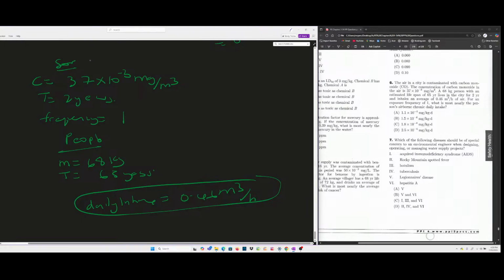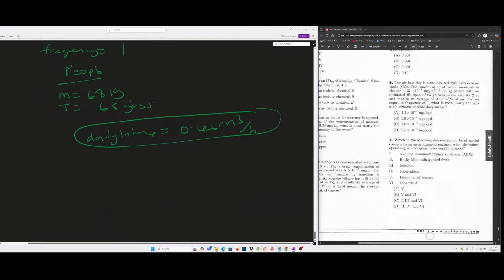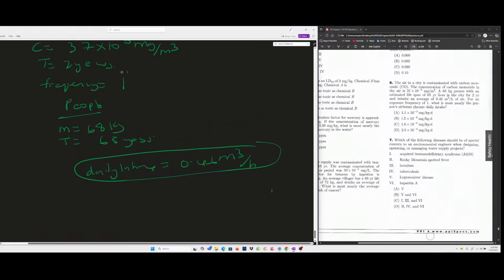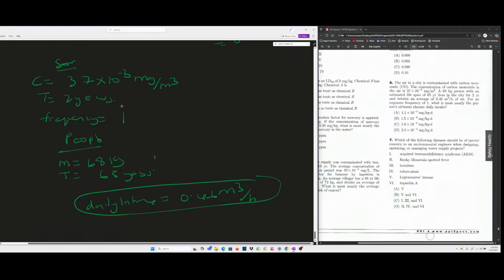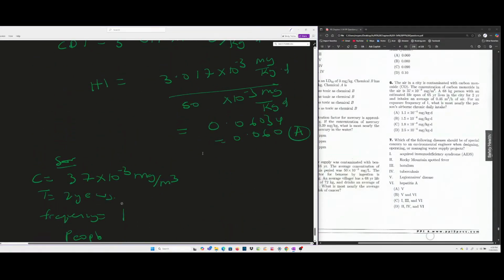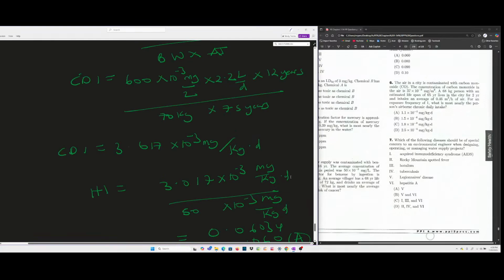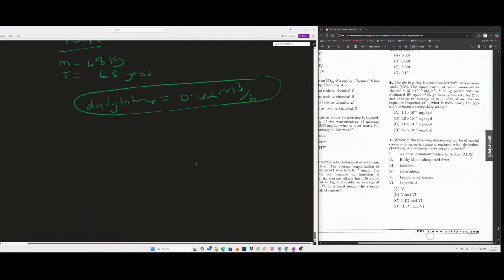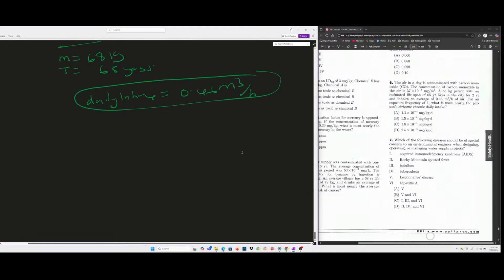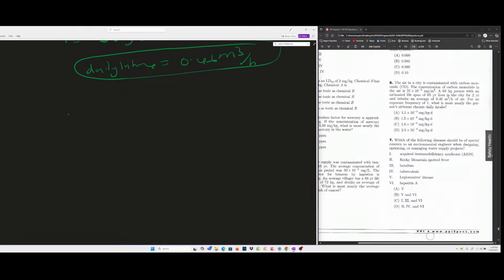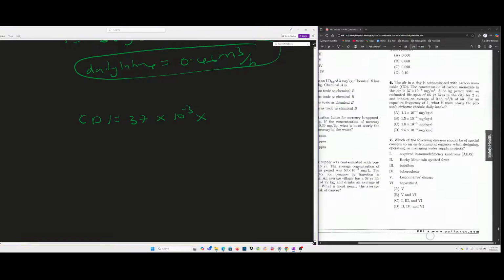So we're looking for the CDI, but pay attention. The daily dosage is always in days, so we have to convert it to days because that's what we have. So we're going to say our CDI equals 37 times 10 raised to the power negative 3 multiplied by, give me a sec.